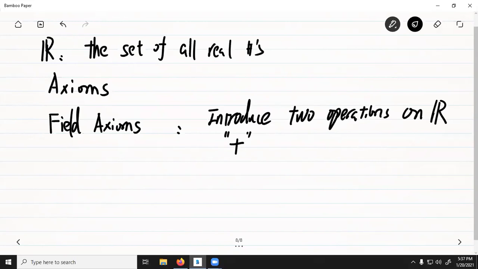Another operation is called the multiplication. Then these two operations should satisfy the following axioms. So let's look at the axioms one by one.